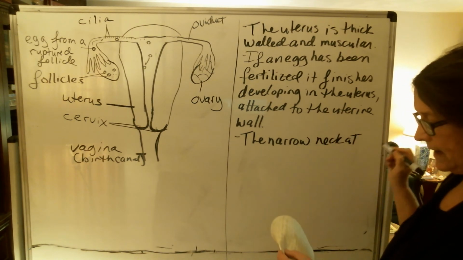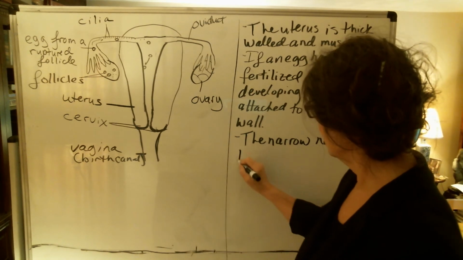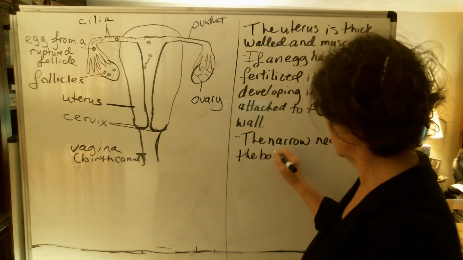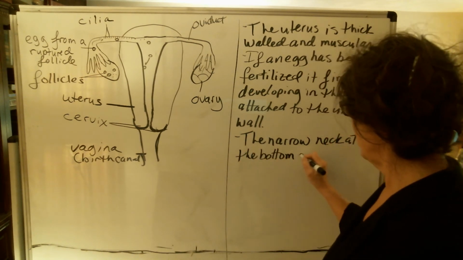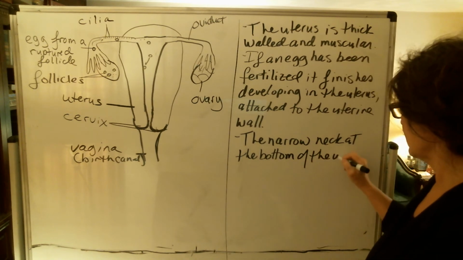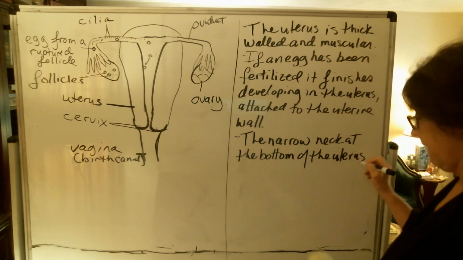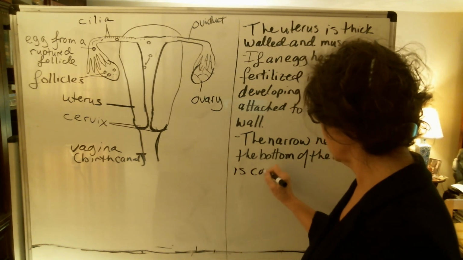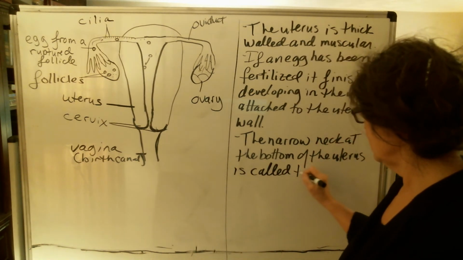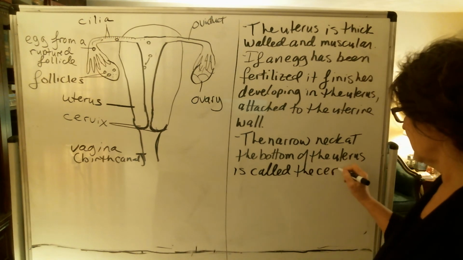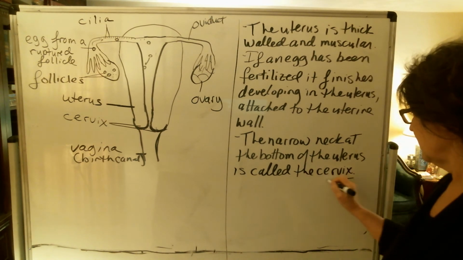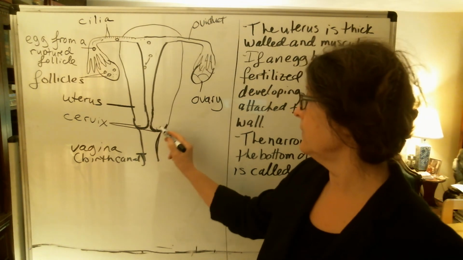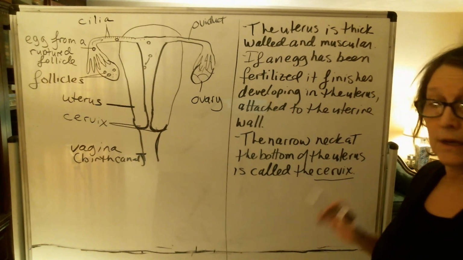the narrow neck at the bottom of the uterus is called the cervix. So here we have the cervix here, not drawn to scale.